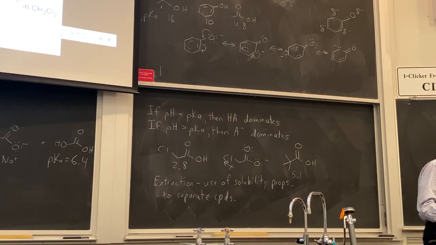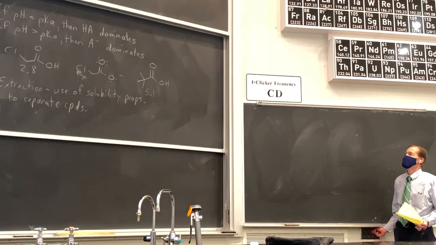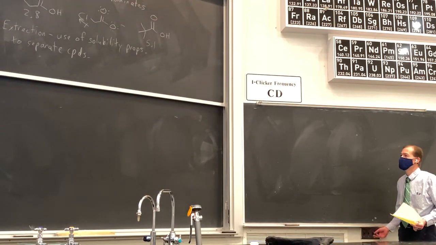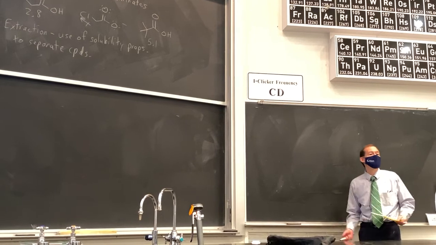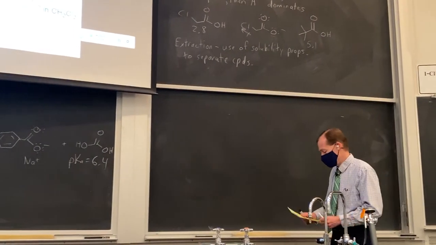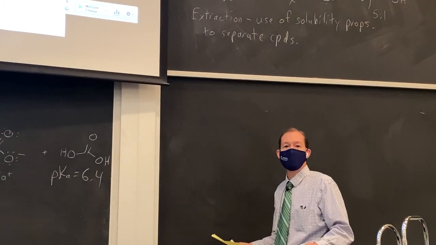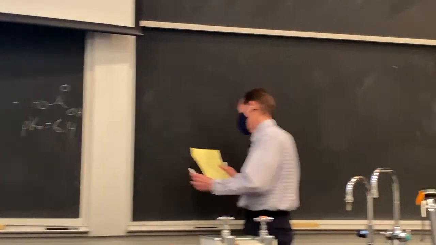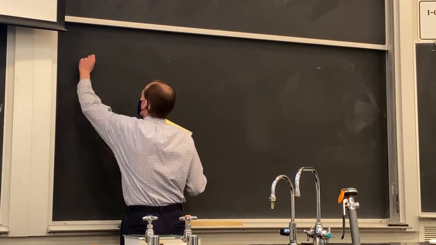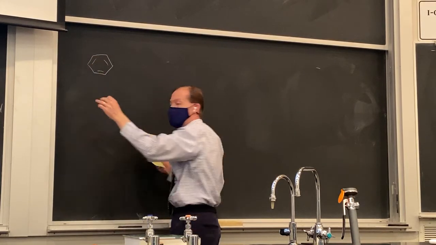Okay. So carboxylic acids are probably our most common organic acids, but they're not the only ones. So the rest of the time we'll spend discussing a couple of other classes of organic acids that we will encounter in the class. One that we've seen already is the sulfonic acid. We learned how to make benzene sulfonic acids in chapter 18.